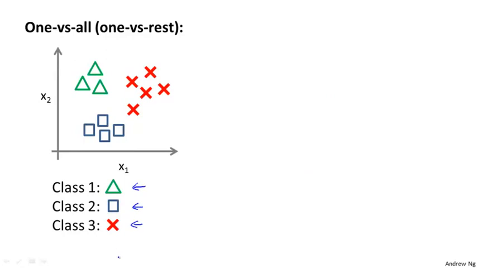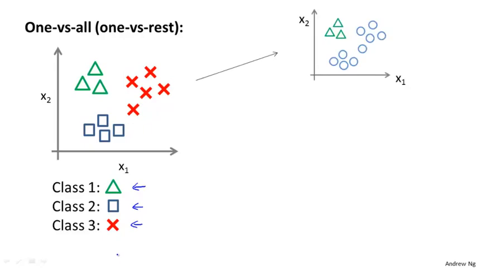What we're going to do is take our training set and turn this into 3 separate binary classification problems. So turn this into 3 separate 2-class classification problems. So let's start with class 1, which is a triangle. We're going to essentially create a new sort of fake training set where classes 2 and 3 get assigned to the negative class, and class 1 gets assigned to the positive class.